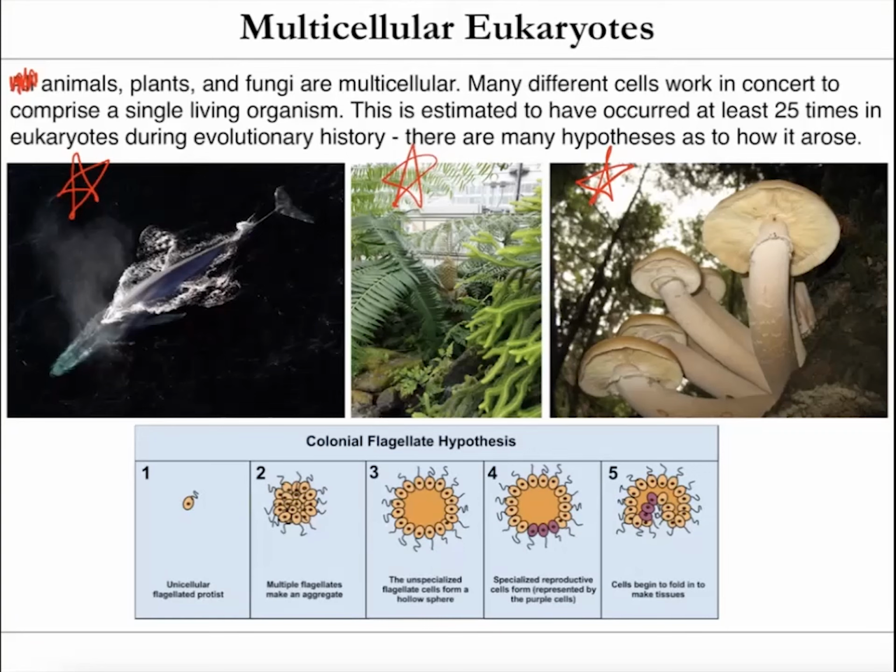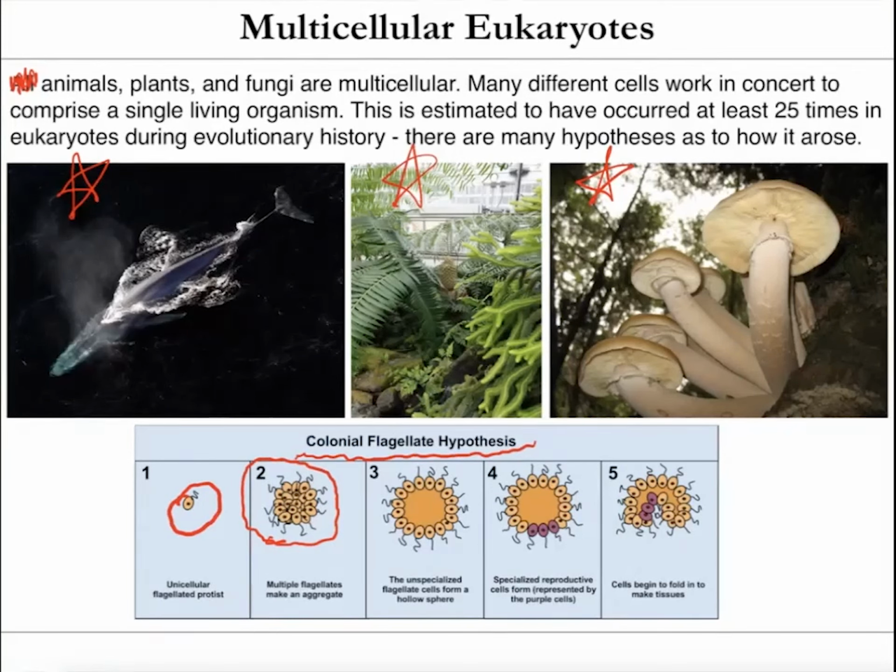There's a whole bunch of different hypotheses as to how that actually occurred. One of them is something like this colonial flagellate hypothesis, and a lot of them are based on this sort of idea. Basically you had a unicellular protist, a unicellular eukaryotic organism, and then that unicellular protist or eukaryote would sometimes make an aggregation at certain times under certain conditions.